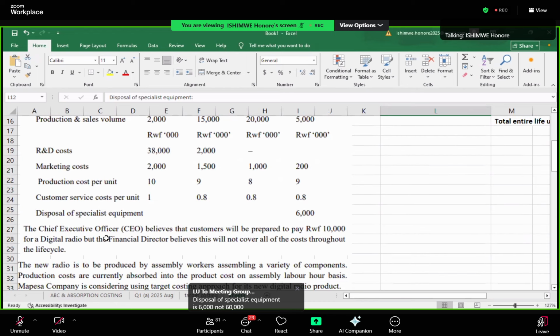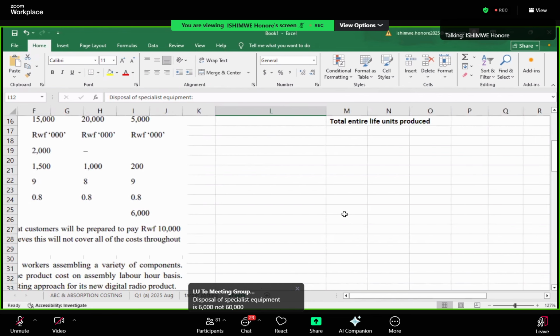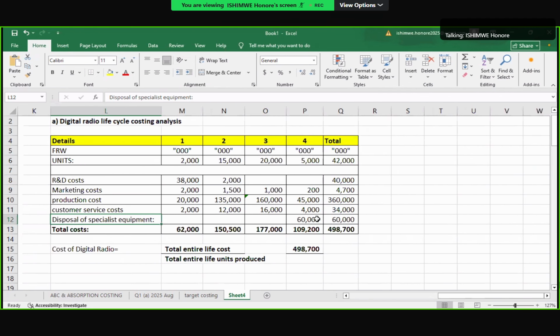Look, they say disposal of specialist equipment. Oh, it is 6,000, not 60. There is an error of an additional 0. It is 6,000. Sure, it is 6,000. Okay.